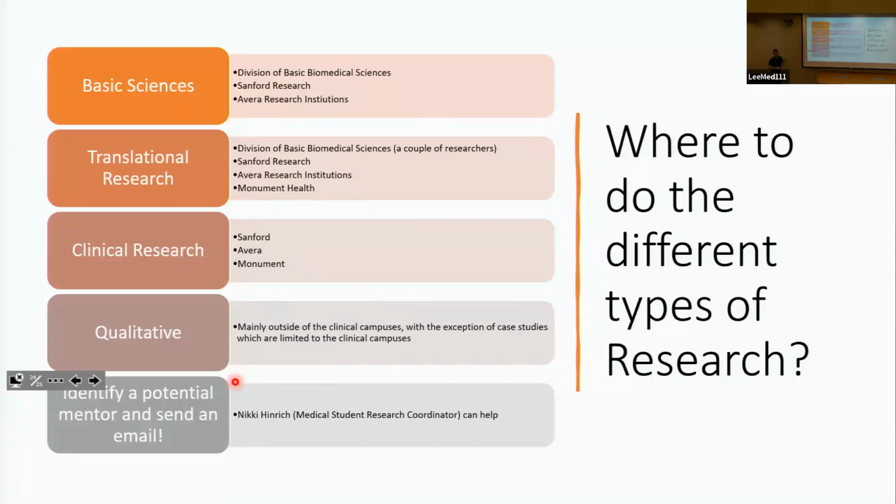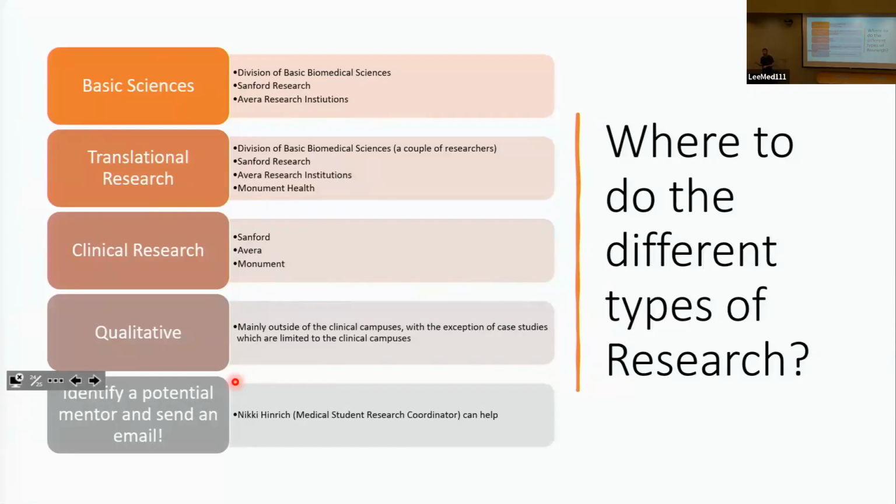Largely, scientists and clinicians are rather egotistical, and we love to hear how great our stuff is. So if you start off by saying, oh, I really enjoyed your paper, or I really think what you do is cool, we're probably going to listen to you and want to hear all of the reasons why you think what we do is great, and then perhaps get you involved in that research.